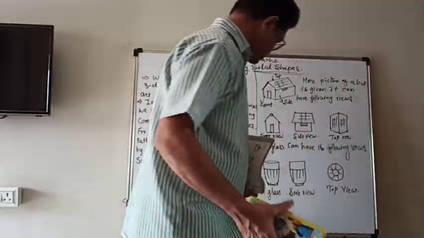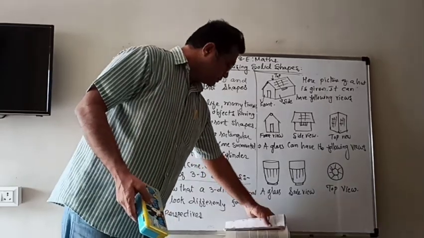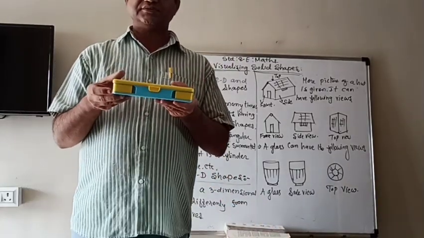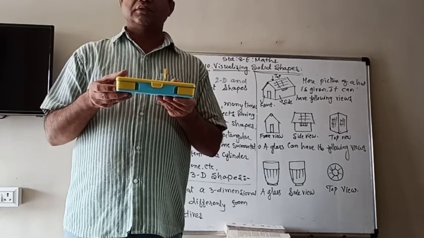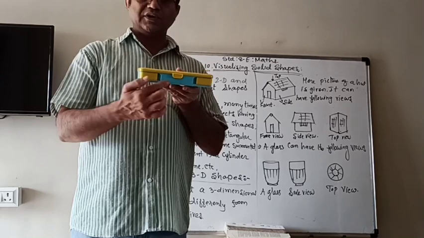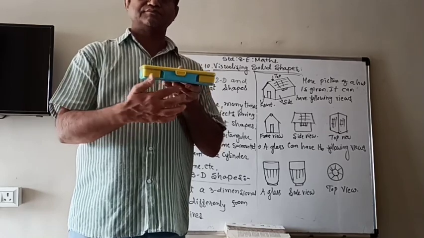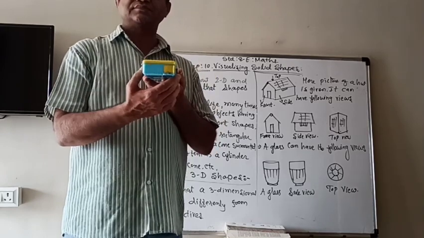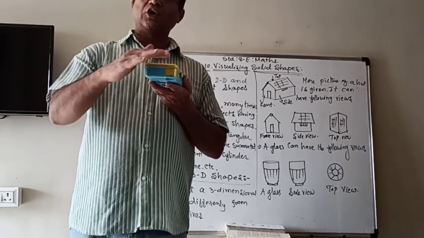For example, this is similar to a brick. Now if I show you like this, what will you be able to see? Only this part. So you will draw this type of rectangle. That is the front view. But if I show you like that, are you able to see the whole thing?